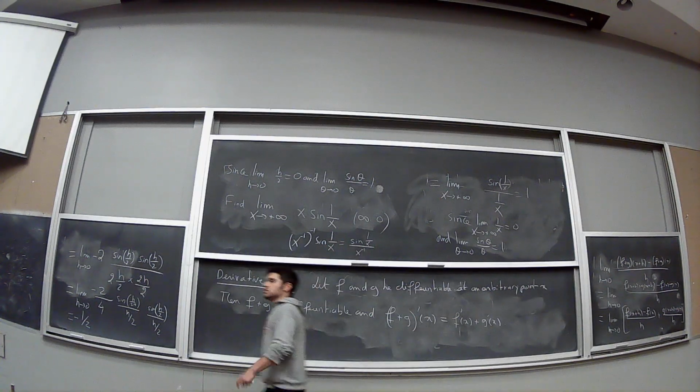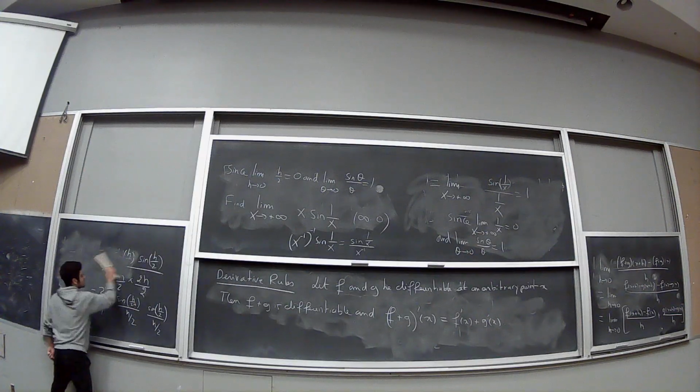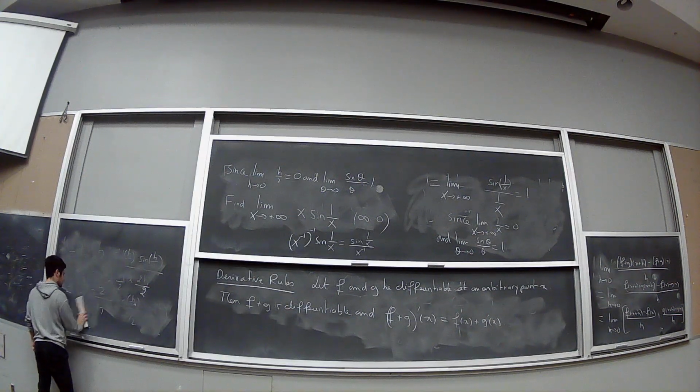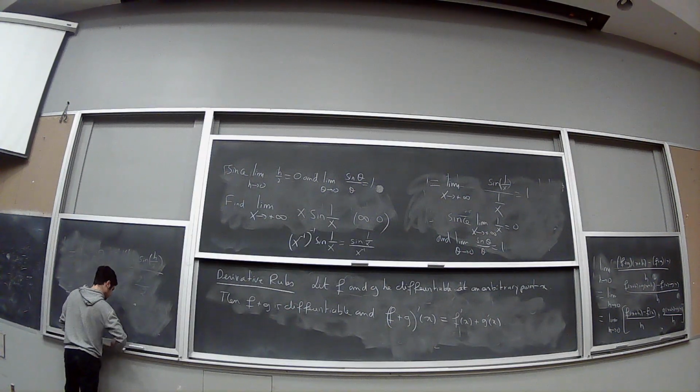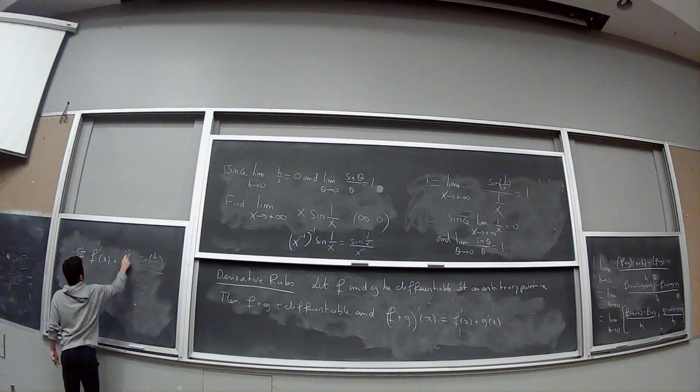Now the first limit, f of x plus h minus f of x over h as h goes to 0, what is this? This is f prime of x. The second limit is g prime of x. You guys see this? I'll do it quickly. This is just f prime of x plus g prime of x.